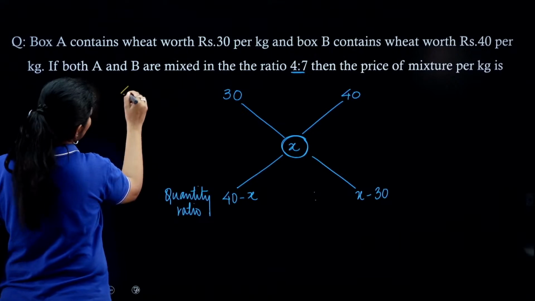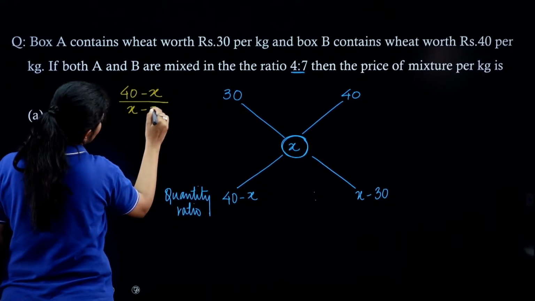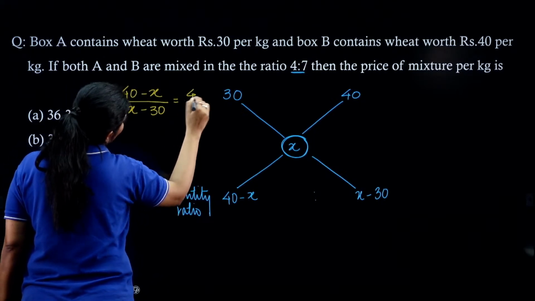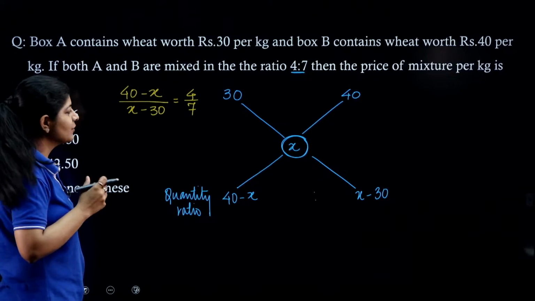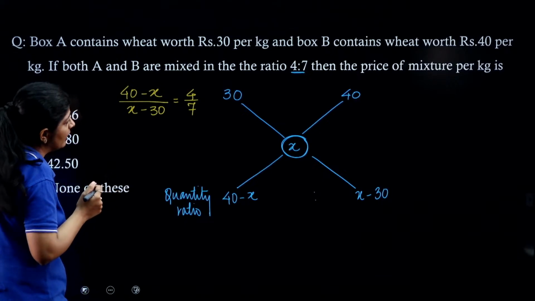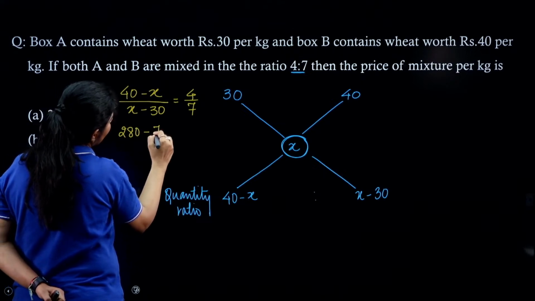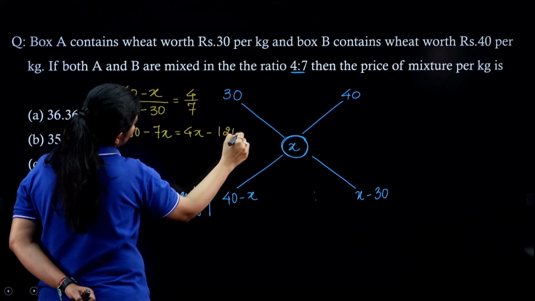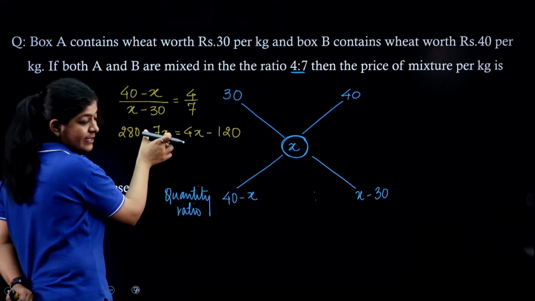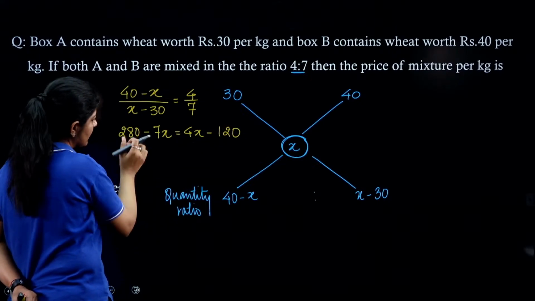So the question is saying that 40 minus x divided by x minus 30 is nothing but 4/7. All you need to do is solve this by cross multiplication and you will get the value of x. So here we are getting 280 minus 7x equals 4x minus 120. Right? So we will transfer this minus 7x to this side and this 120 to this side.